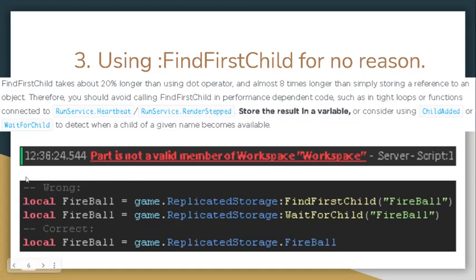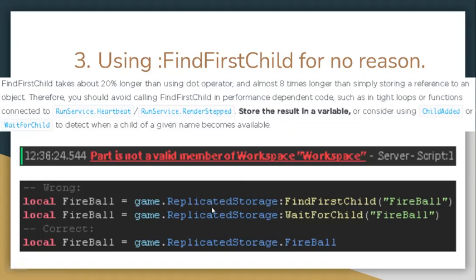But also another thing I noticed too was when you reference something in ReplicatedStorage, there's really no point of using FindFirstChild or WaitForChild, because ReplicatedStorage replicates faster than scripts can run, if that makes sense. Scripts will not run before anything in ReplicatedStorage is cloned.